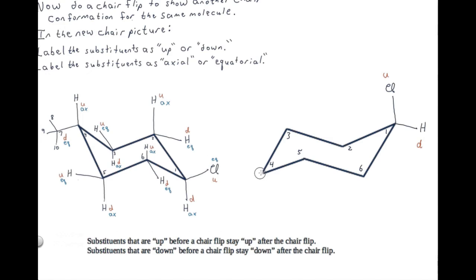I'll start by drawing the two bonds on carbon 4. Here are the two bonds on carbon 4: one bond pointing straight down and one bond pointing partially up. Now carbon 7 in this picture was pointing down, so carbon 7 should still be in the down position after the chair flip.